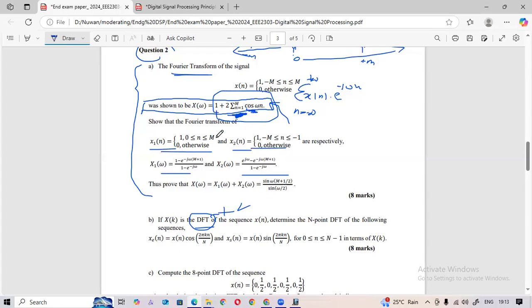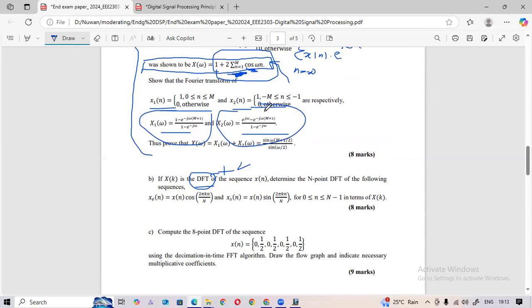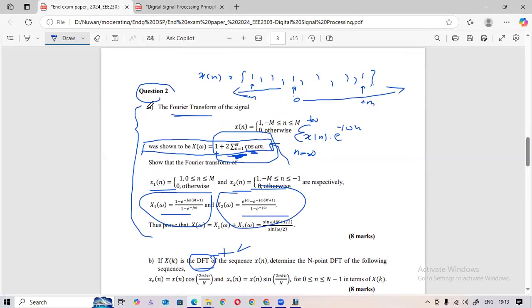That is very easy. You can get this value and this value. And maybe you can try whether you can get this answer from this one. I tried, but I couldn't actually. So that is based on question 2, the Fourier transform.